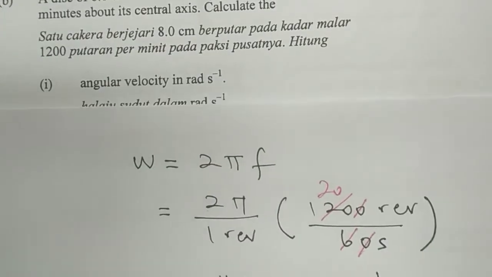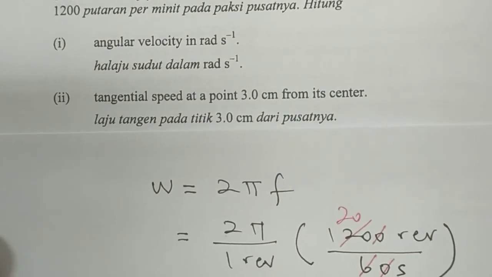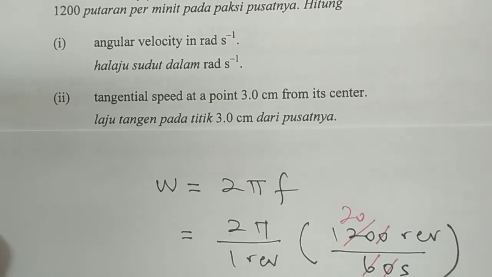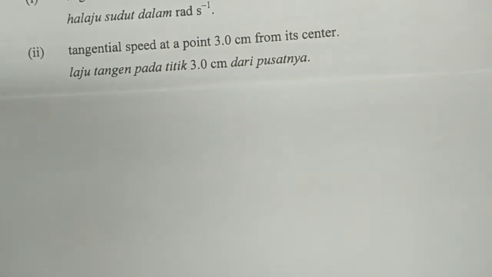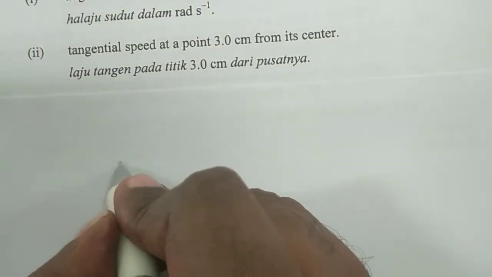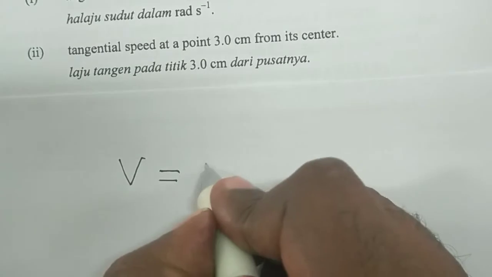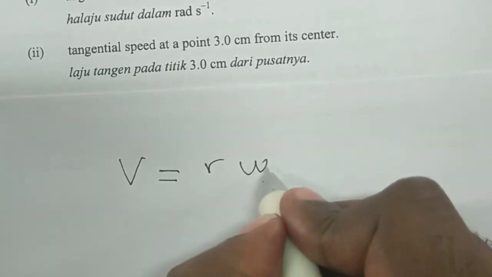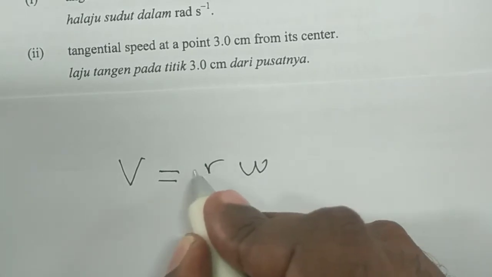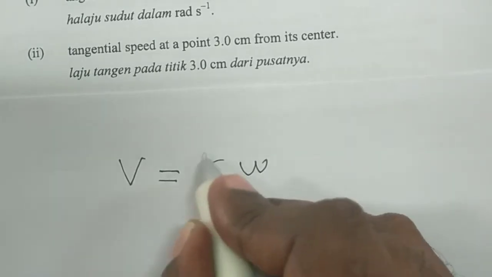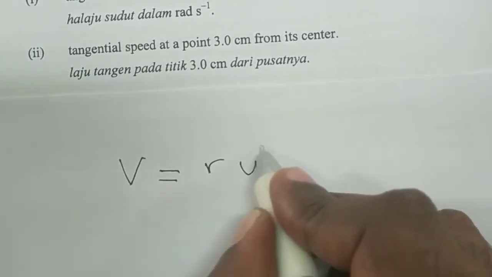For part 2, tangential speed at 0.3 cm from its center. Tangential speed v equals r omega, where r is the radius from the axis and omega is the angular velocity.